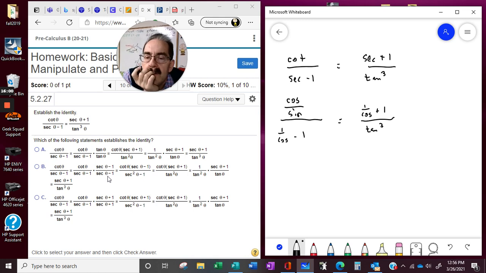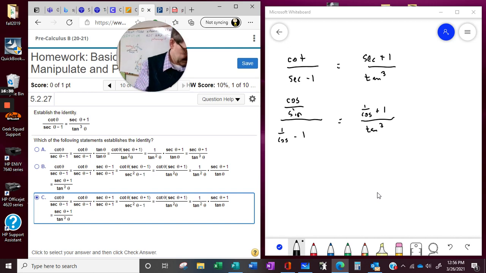I don't like that at all, because right here you're going to have minus 2 secant, so B can't be B. Now if you multiply by the complex conjugate, the middle term goes away. If we multiply by tangent, how does that get to that? Tangent, it's going to be C.